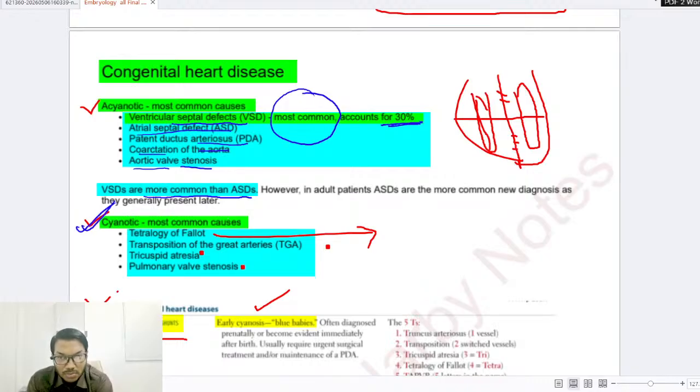Cyanotic, most common causes: tetralogy of Fallot, transposition of the great arteries, tricuspid atresia, and pulmonary valve stenosis.